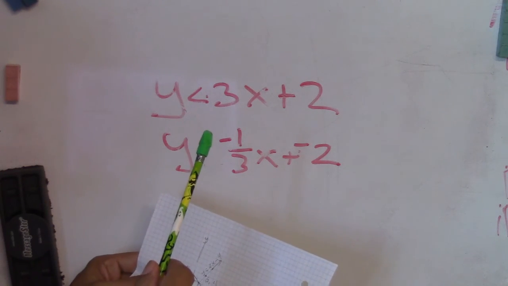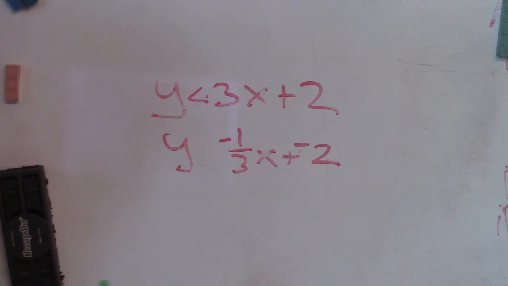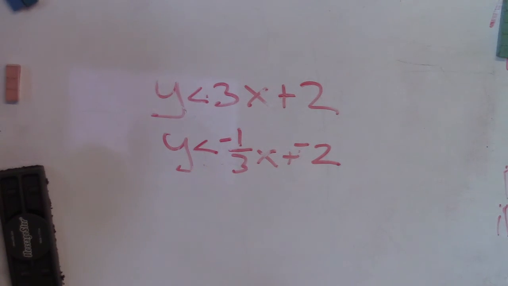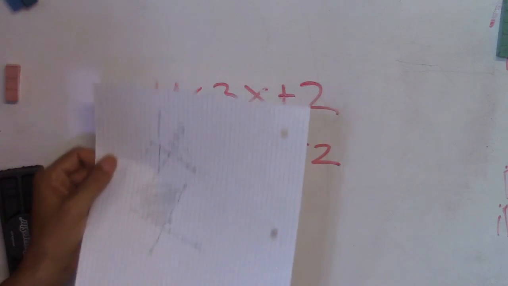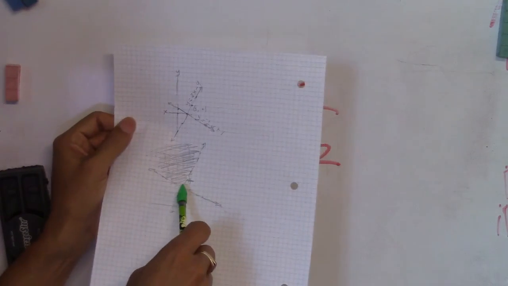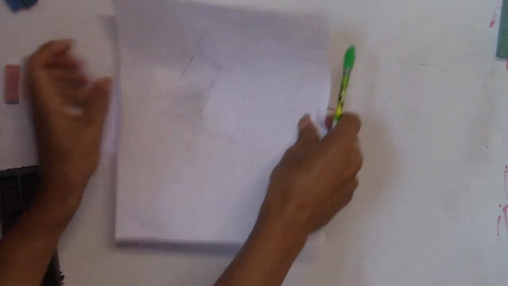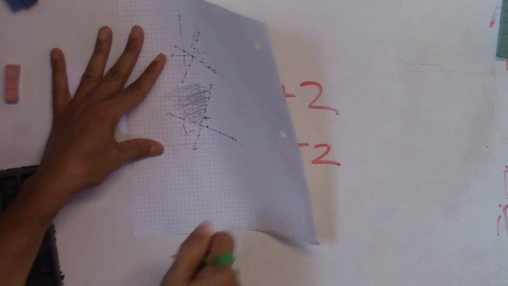So let's see here. If I wanted to change this and I made this one negative also, then what happens to my solution set? Is it over here anymore? Well, no. Now it's down there, right? It would be here in that one, right?